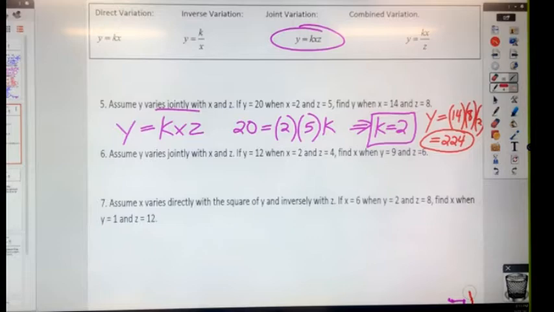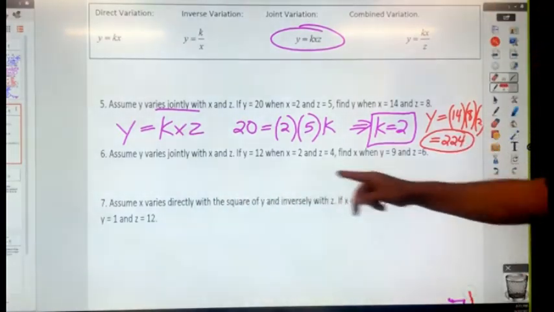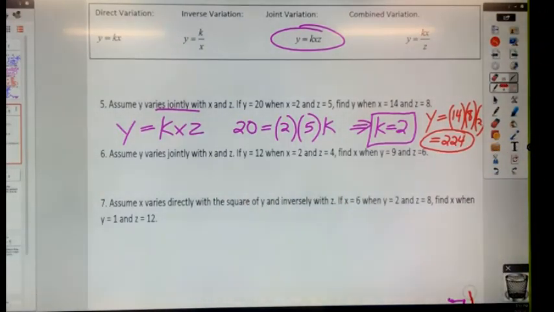So now it's your turn. Assume y varies jointly with x and z. If y is 12, x is 2, z is 4, find x when y is 9 and z is 6. So same thing, find your k first, so you can solve it when you're missing a variable.